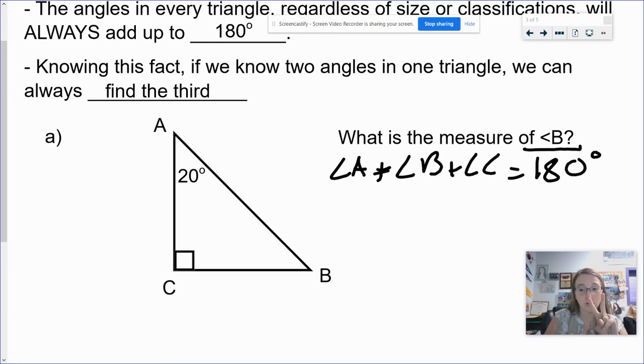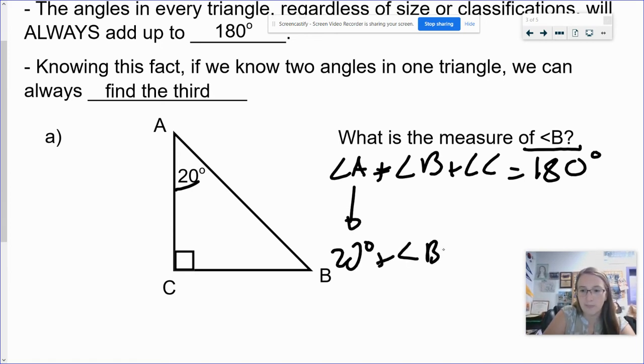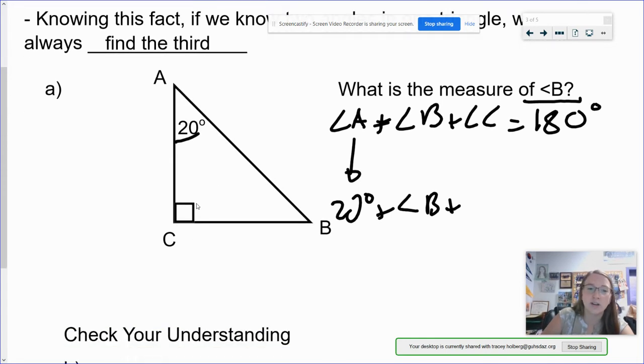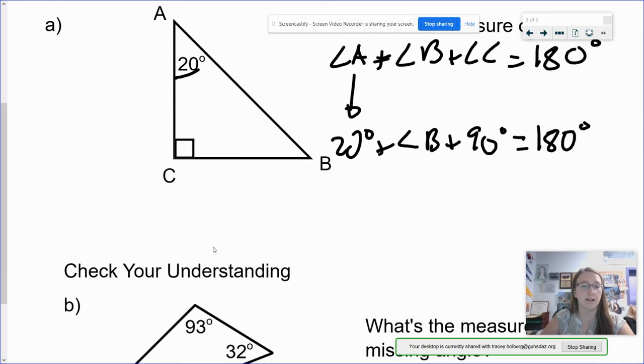And I do know 2 of them. We know A is 20 degrees. We're trying to find angle B. And we do know C. What degrees is C? 90. It's a right angle. So even though I don't see a number, I know it's 90 degrees because of the marking. So all we have to do is solve this for angle B.